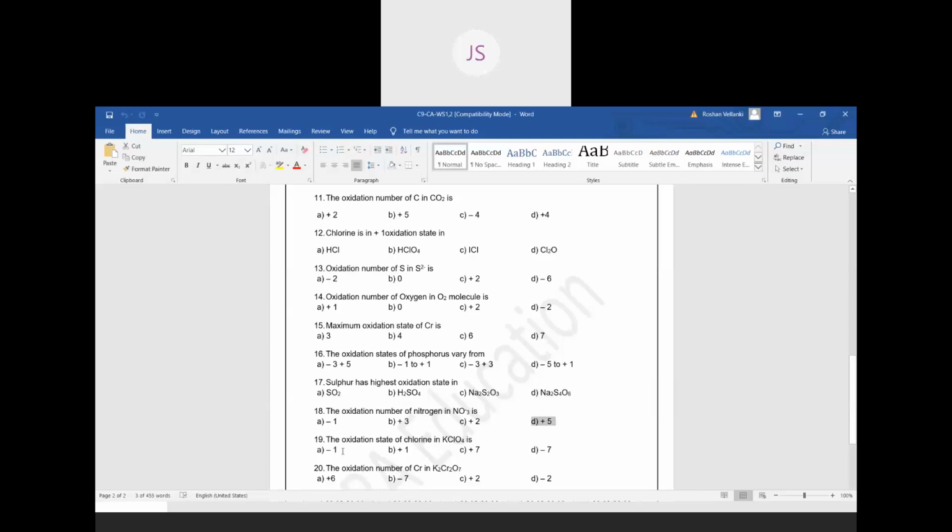Next, 19th. Oxidation number of chlorine in KClO4. Jyotika saying option D, that means minus 7. Which is more electronegative, chlorine or oxygen?